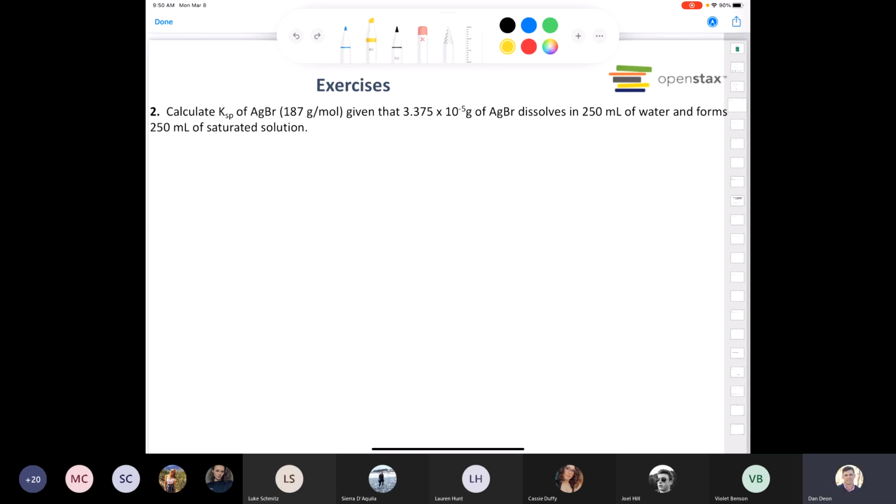Well, let's see here. Again, it's the wording of the problem that I think is crucial here. You might have a different opinion than me, but to me, it's telling you, give me the KSP, and it tells you that this much dissolves in that much water, and it gives you a saturated solution. So it's telling you what the maximum amount of silver bromide that can dissolve is.